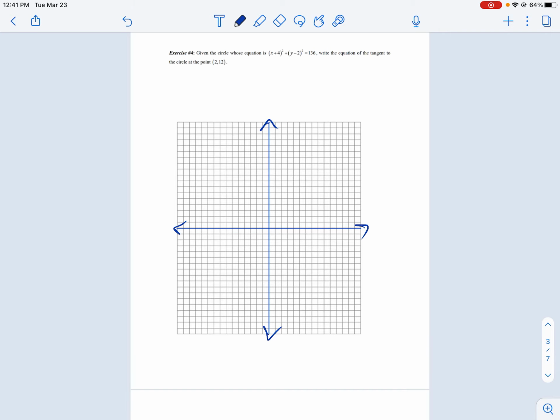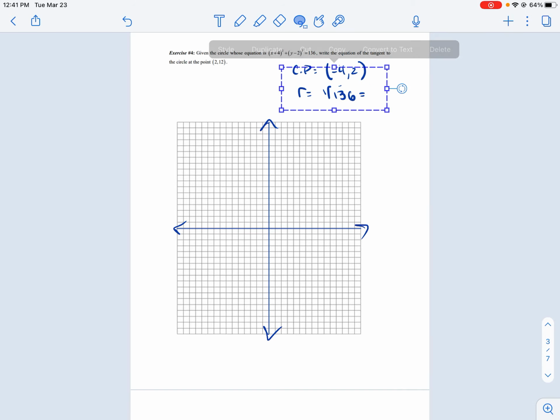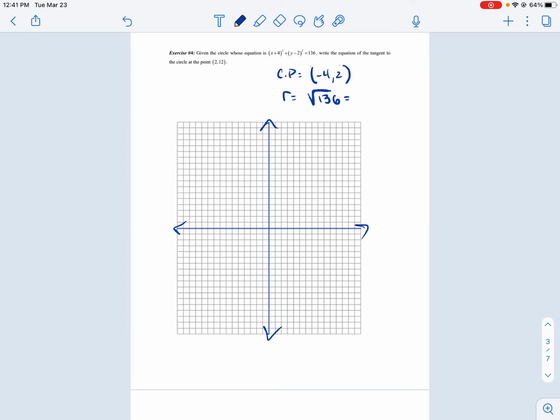Our center point is negative 4 comma 2, and our radius is the square root of 136, which is equal to, oh, I don't know, 11 point, we'll round up, 11.662.